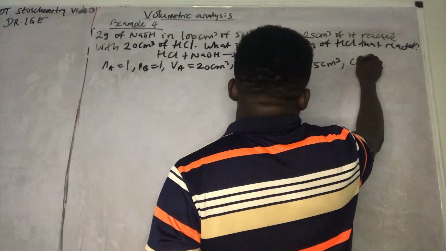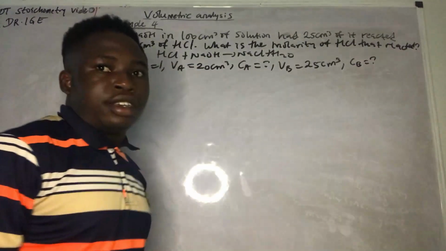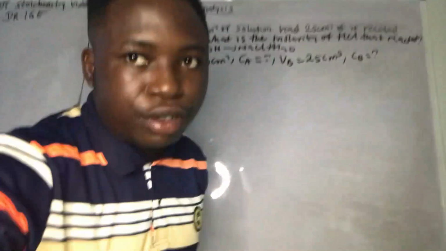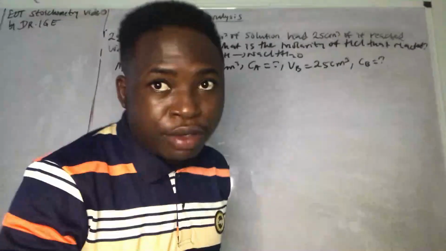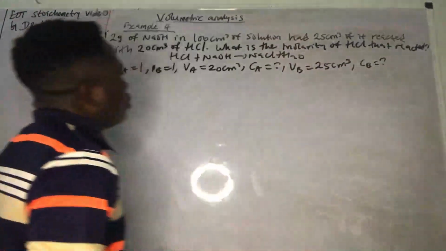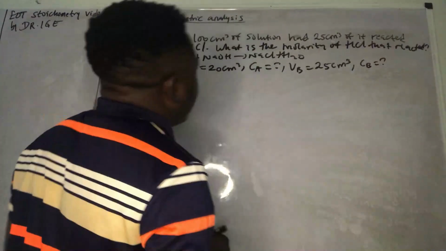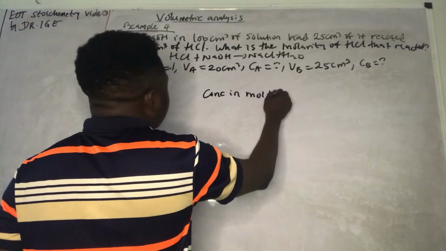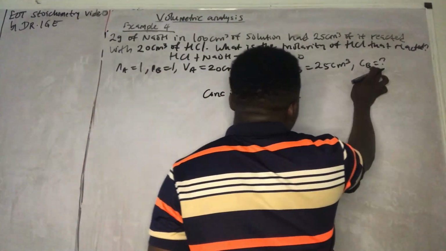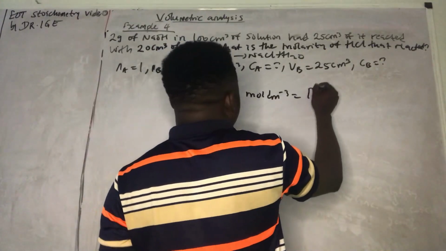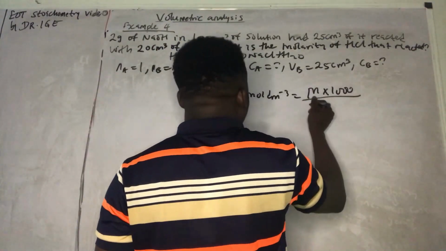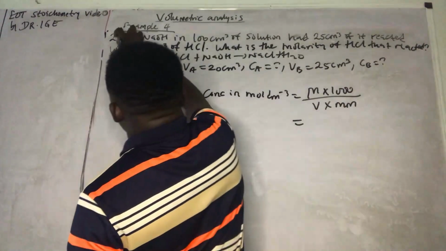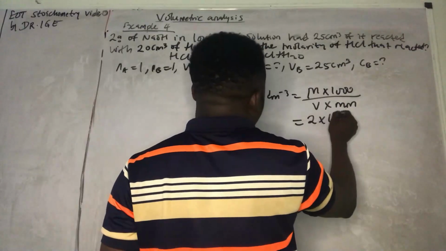What about CB? We don't know yet. Remember the formula I dropped to find concentration in mol/dm³: mass times 1000 all over volume times molar mass. What is the mass here? 2 grams times 1000.